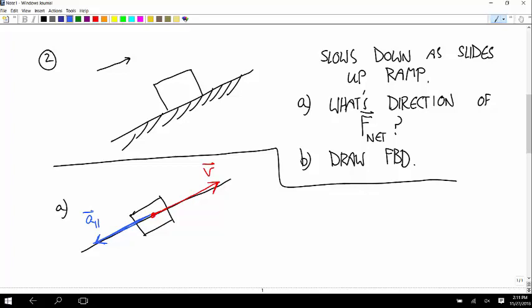It's moving in a straight line, so it's not turning. So there's no perpendicular part. And so that means that the total acceleration is the same as the parallel part. And now that we know that the total acceleration is down the ramp, we know that's also the direction of the net force. Any questions about that? Yes.